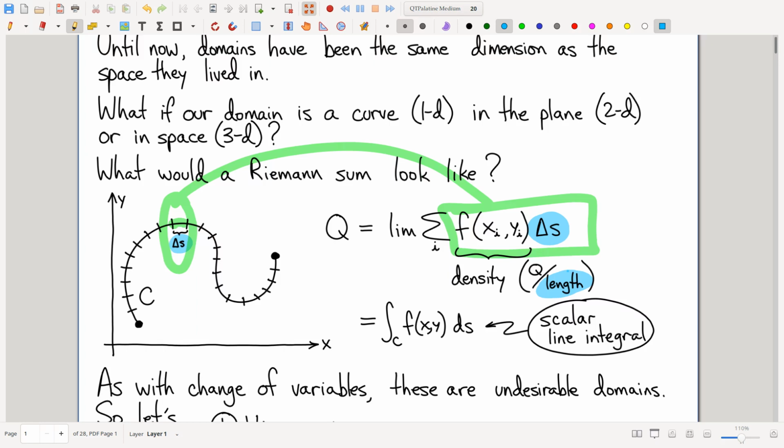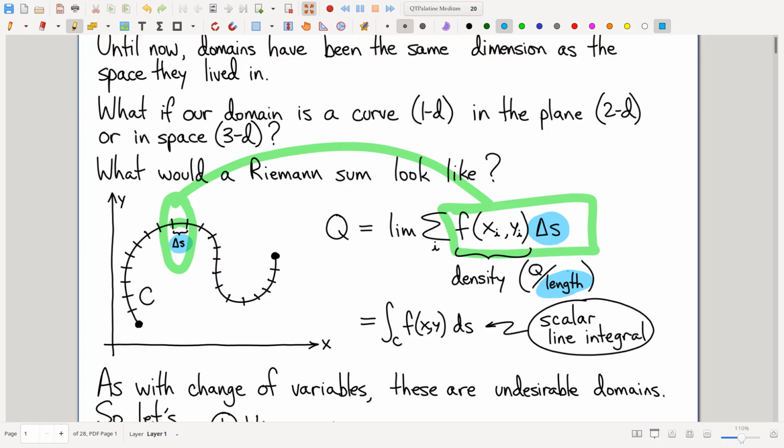If this curve were representative of a wire stretched out in the plane, and maybe there were little ants crawling on it, if I knew how many ants per unit length there were, I could do this construction. Ants per unit length times length would give me ants, and I could count the ants. That make sense? So it's dimensionally different.